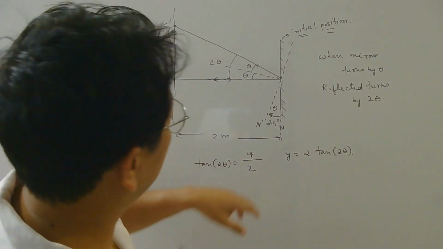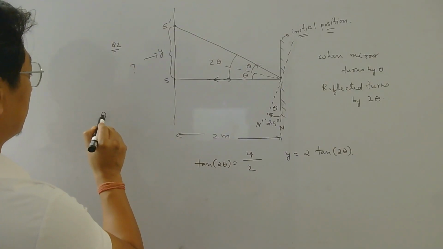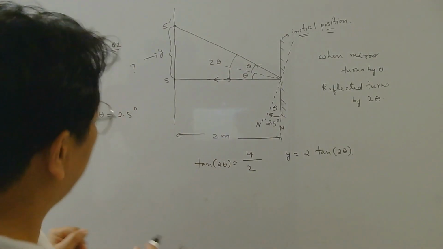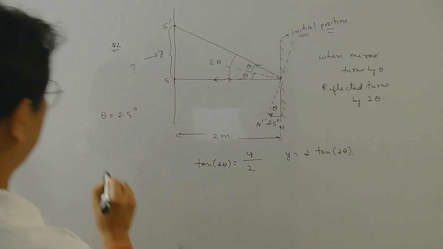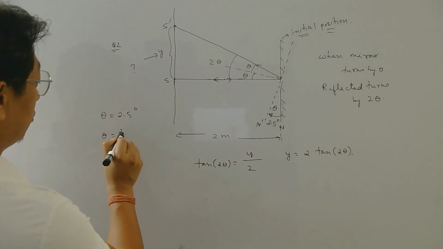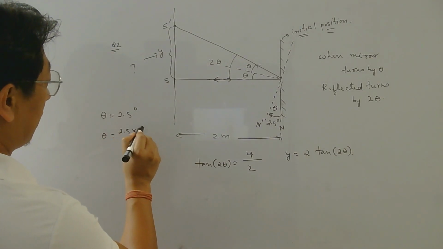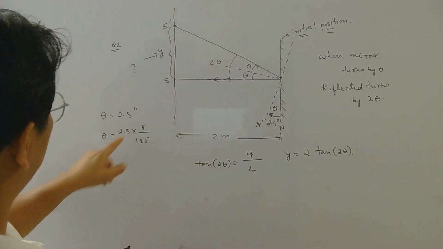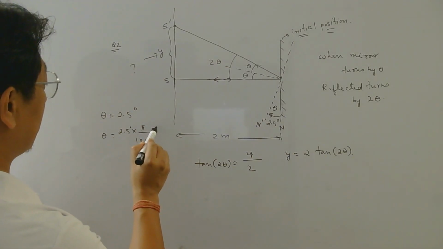However, theta here given is very small. It's 2.5 degrees. And you have to convert into radians, remember. So it will be 2.5 into pi by 180 degrees, right? So degree will cancel and you will get radian.